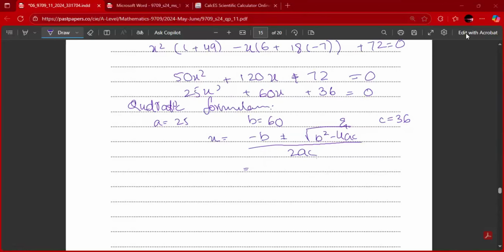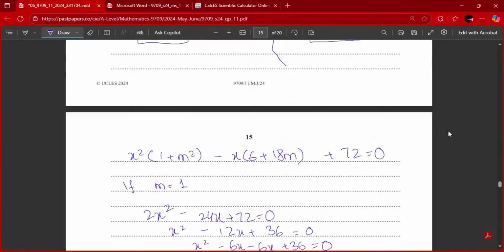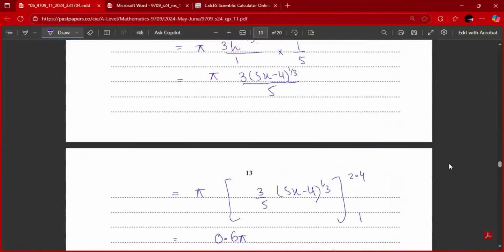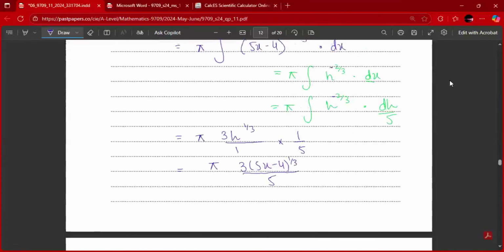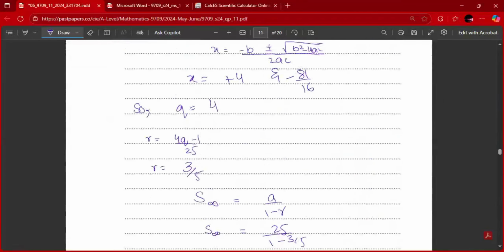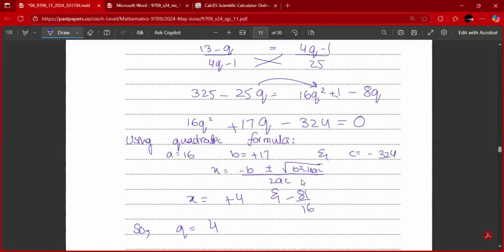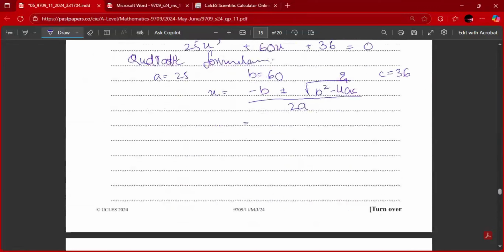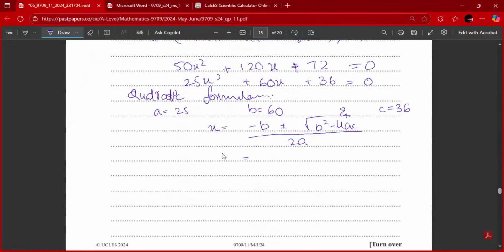My bad, guys. I think I made this mistake somewhere above as well. Yeah, here. It's 2A only. So where were we? So x is equal to, calculator.